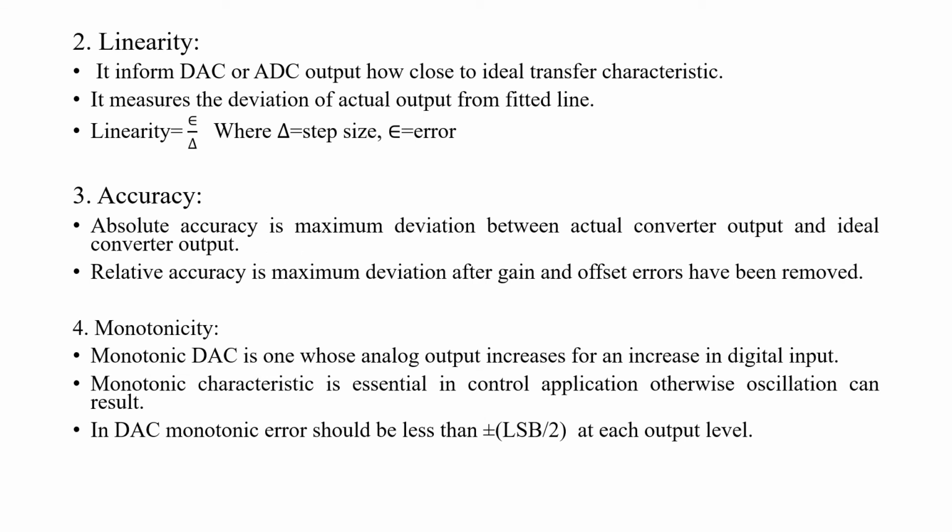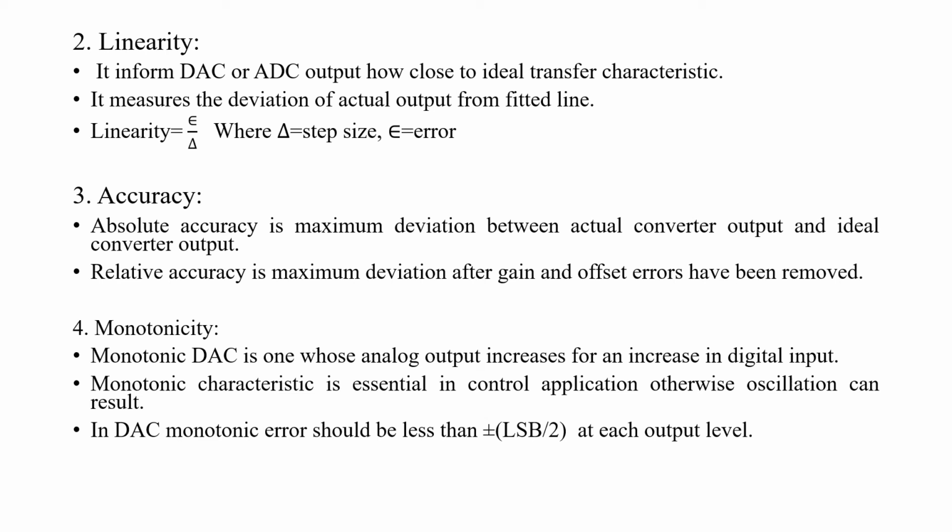For an analog to digital converter, resolution is the smallest change in analog input for 1 bit change in output. If 1 bit changes in the output, what is the input value change? That is for ADC.